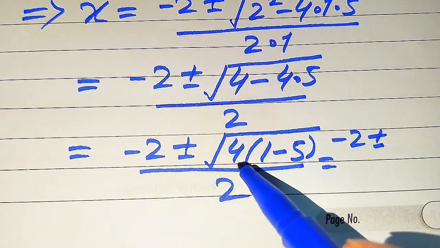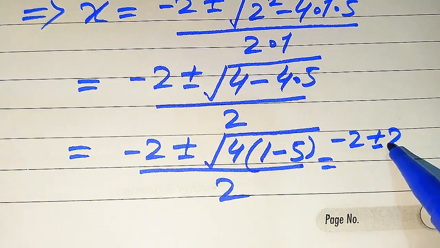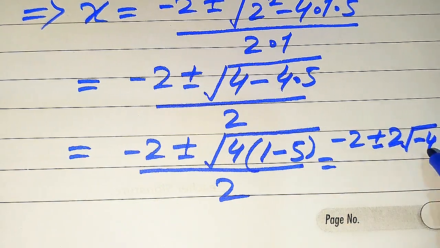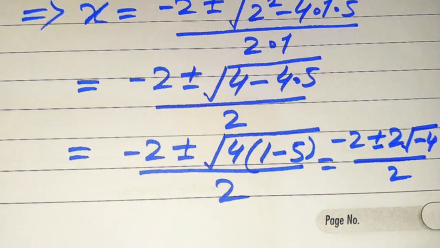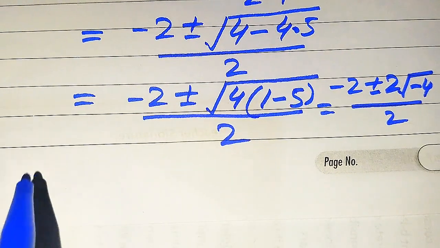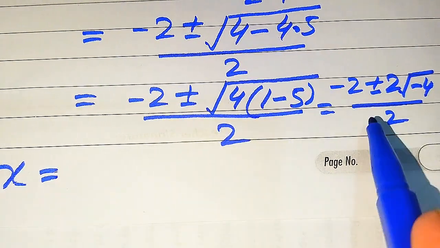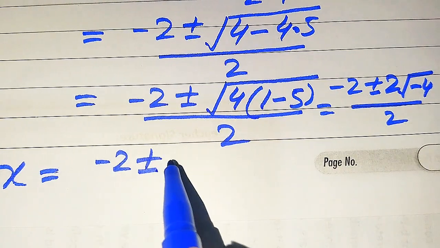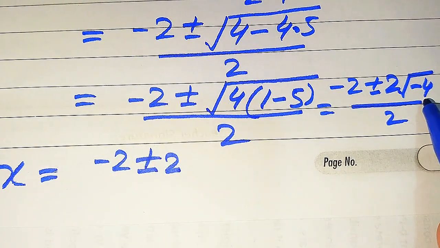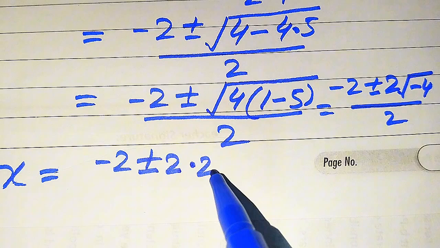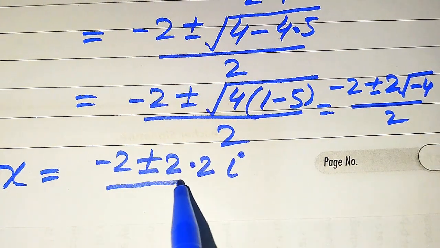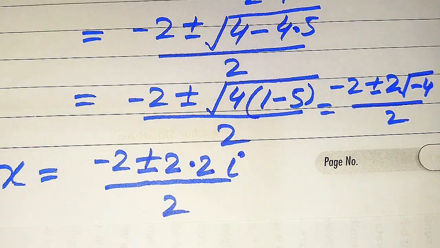Here we know that square root of 4 is equal to 2 into square root of 1 minus 5 becomes minus 4, and it is divided by 2. So after that we have minus 2 plus minus 2 times, we know that square root of 4 becomes 2, and square root of minus 1 is equal to iota, and it is divided by 2.